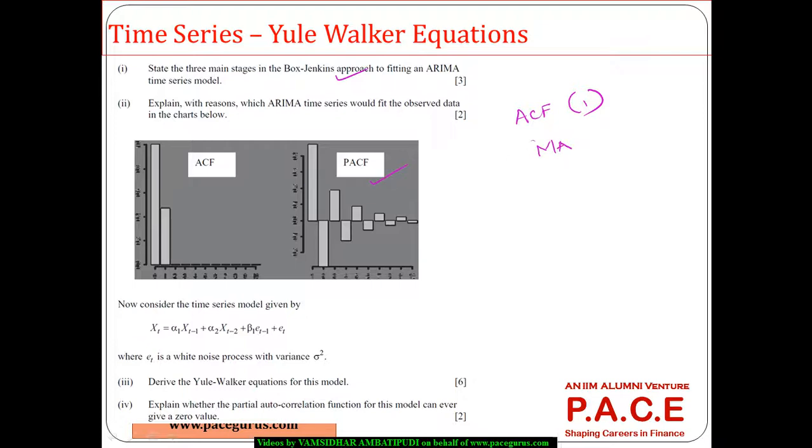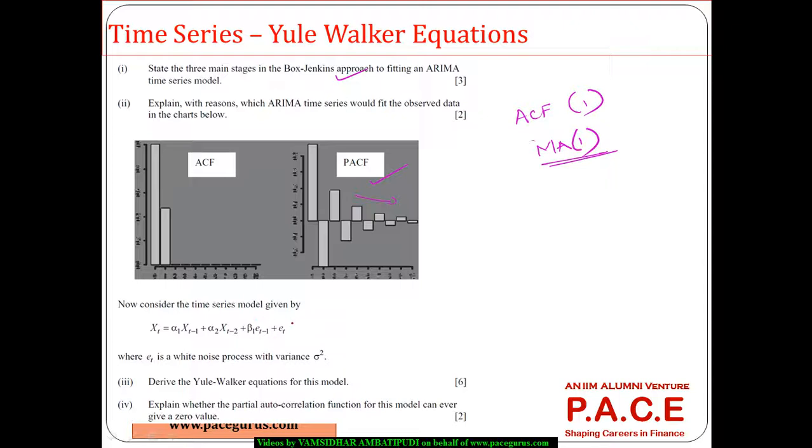And even the partial autocorrelation is gradually decaying to zero, which strengthens my understanding that this kind of graph is very much possible for an MA(1) process. Now, this is a theoretical aspect itself.